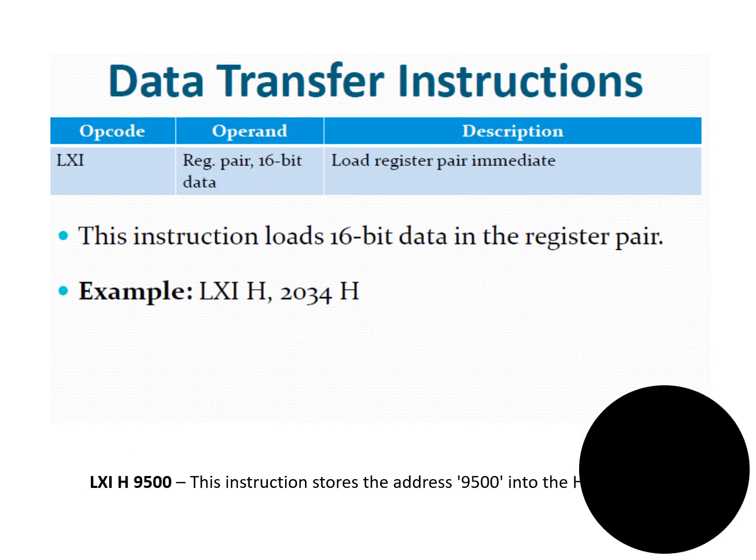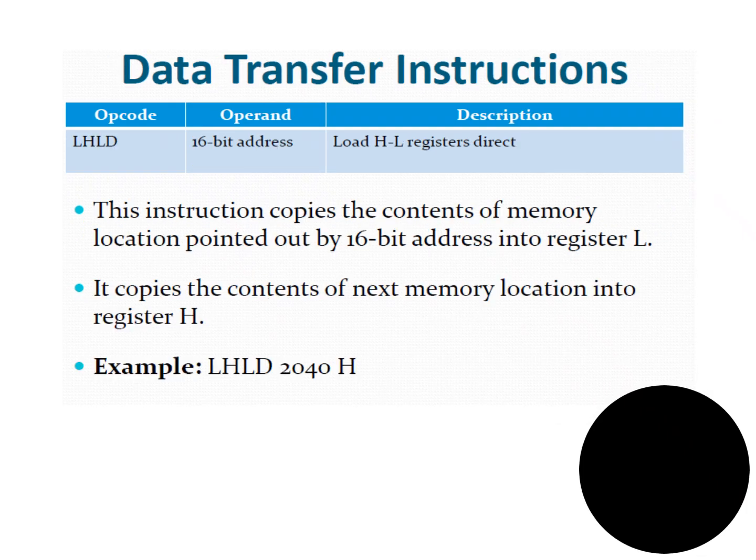And LXI H register pair means load the, here also it is the same, because the register pair will hold the memory location where your data lies. When you want to load more than one data, you can make use of this LXI data transfer instruction. The other load instruction is LHLD. Here the memory address is directly mentioned in your instruction, where your data lies.